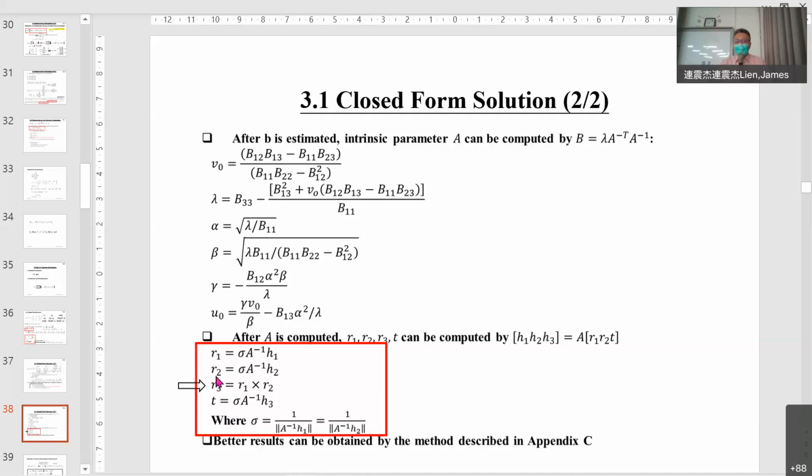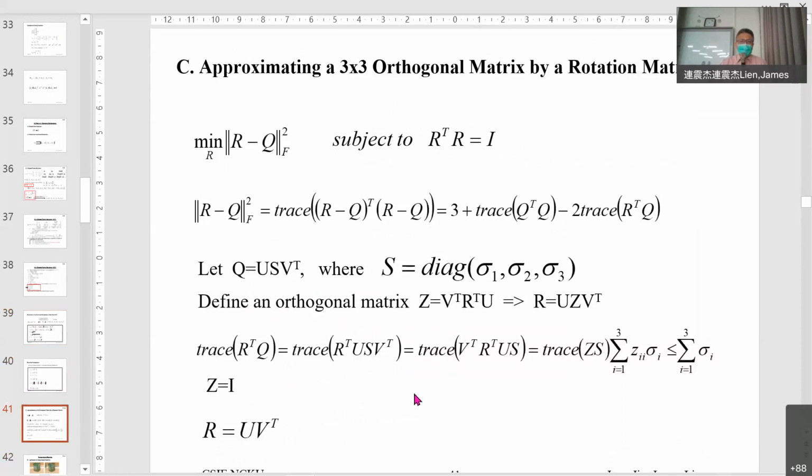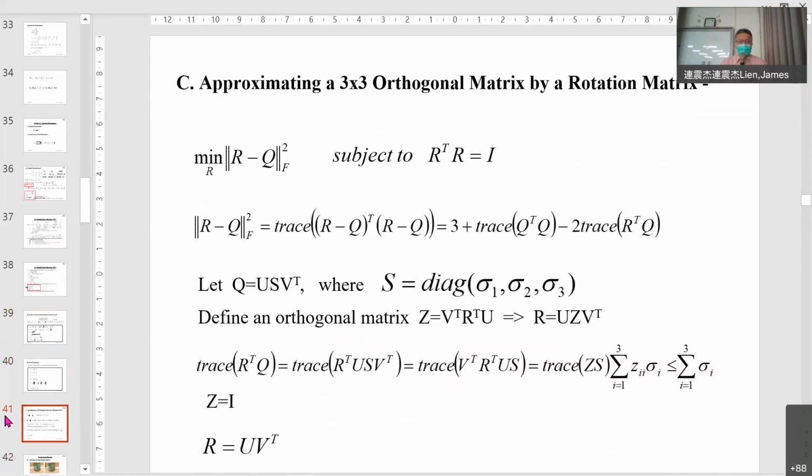Okay, so we continue to solve R1 and R2, using what kind of method? This is page 41. We need to make sure R1 is orthogonal to R2. Again, we use the singular value decomposition method, based on this R. The solution is from a paper, but for you, the easy way is here.